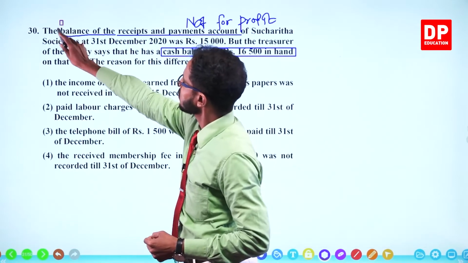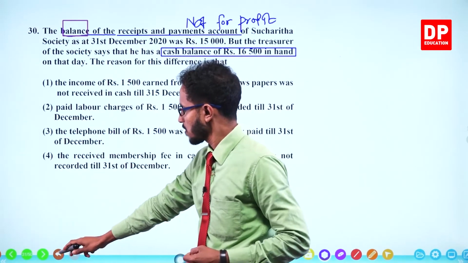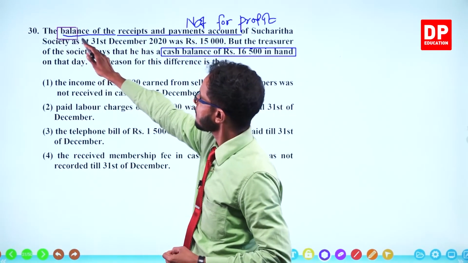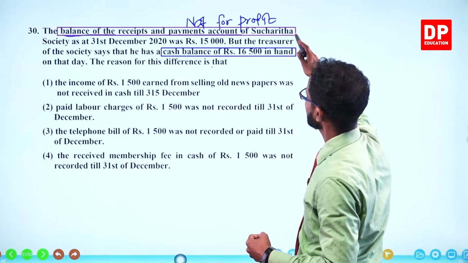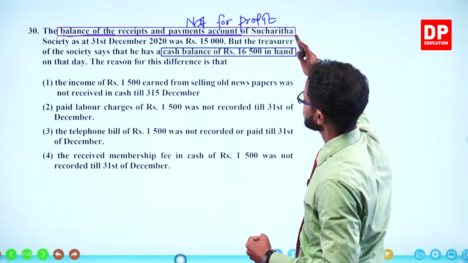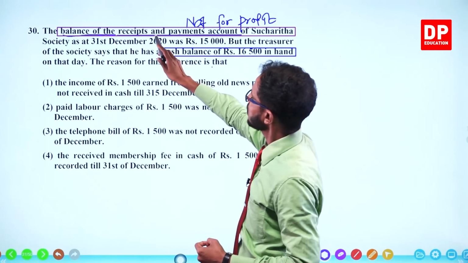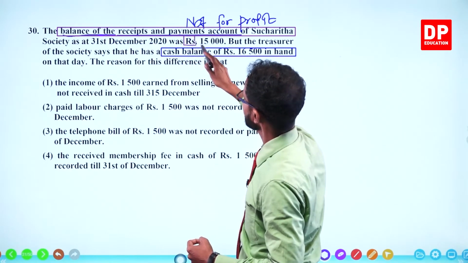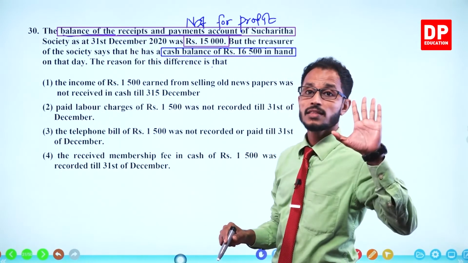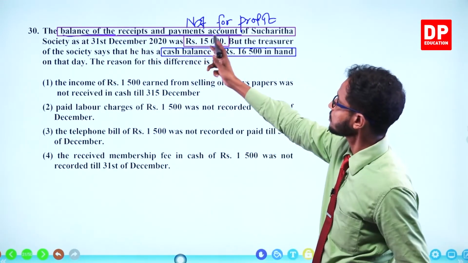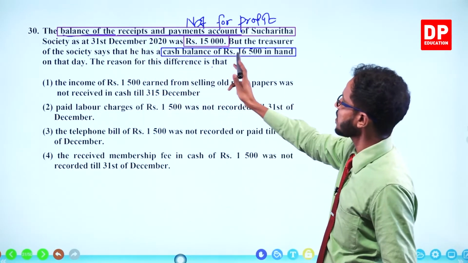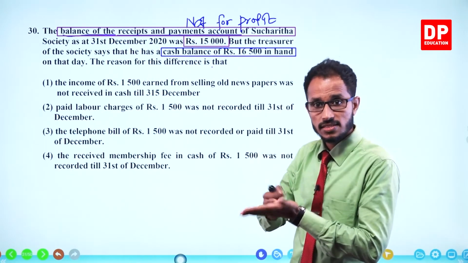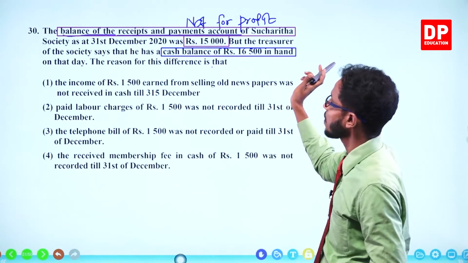The balance of the receipts and payments account was 15,000. The treasurer has a cash balance at hand of 16,500.